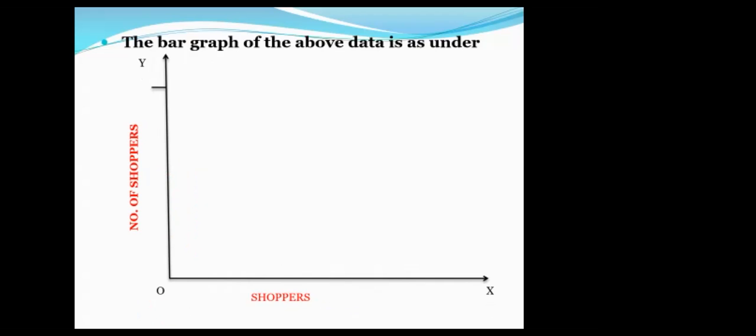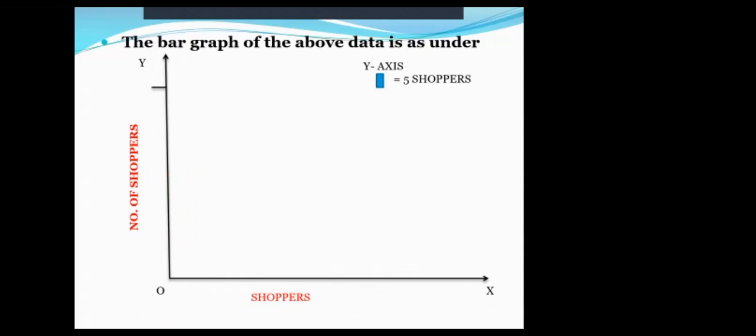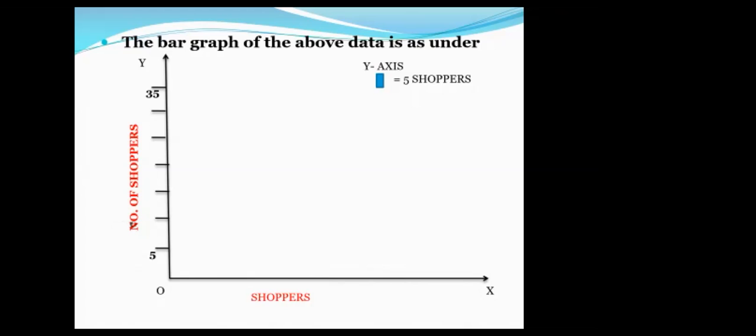Here I have chosen the scale of 5. This is the origin, x-axis and y-axis to be labeled. Then title of x-axis and title of y-axis. Then I have chosen the scale of 5. Like this, I'm going to write the values.